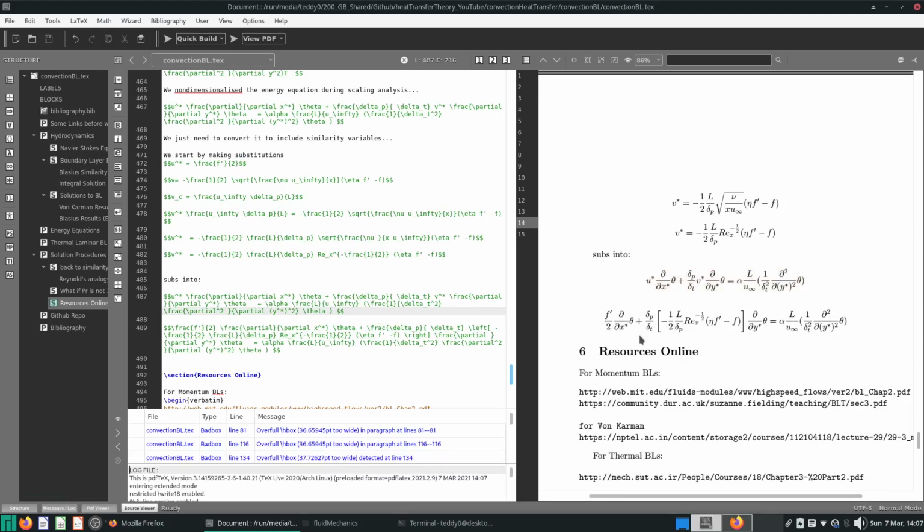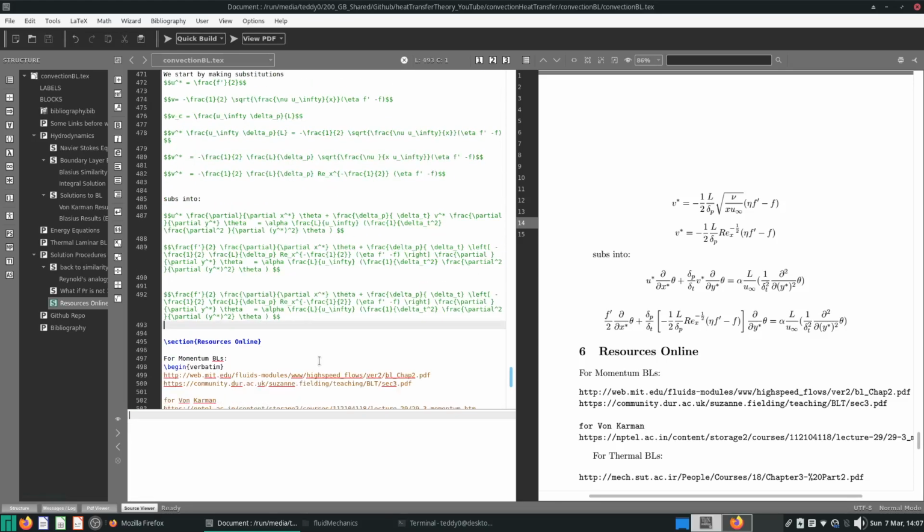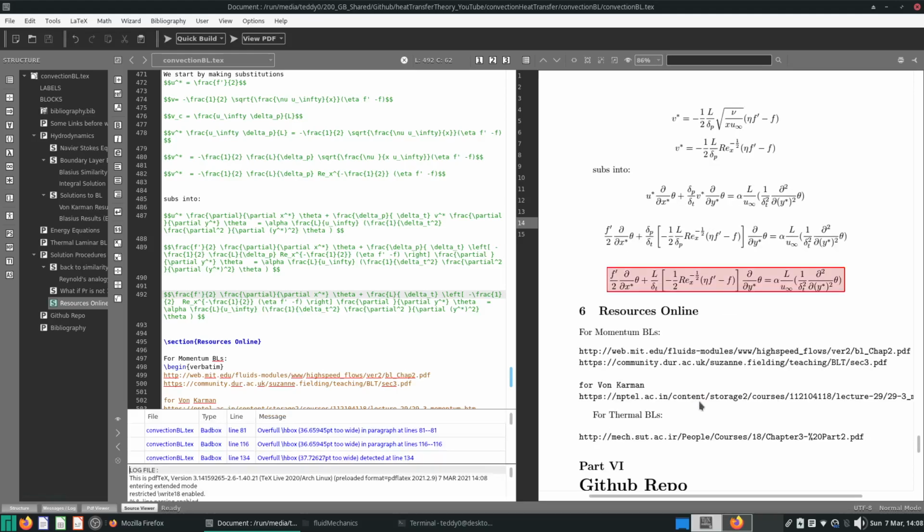Okay, so now this part looks a little bit ugly. Well, let's begin by cancelling out the delta p's and bringing the L out. So let's bring the L out and we cancel out the delta p's. Alright, that's one. So this is the first part we substitute.